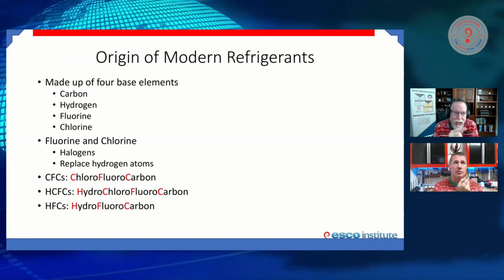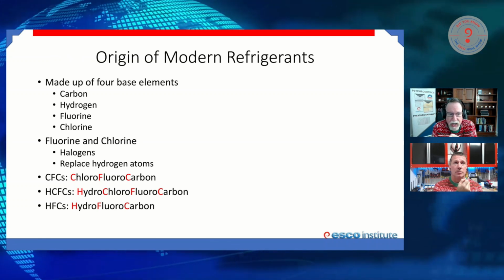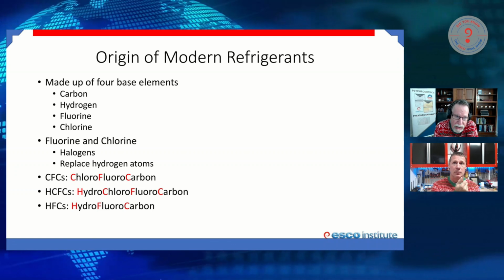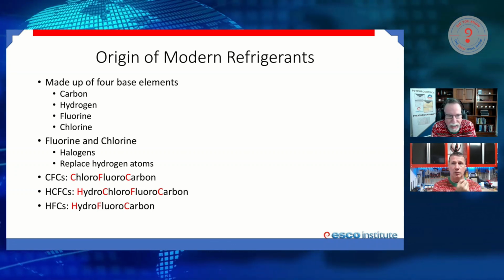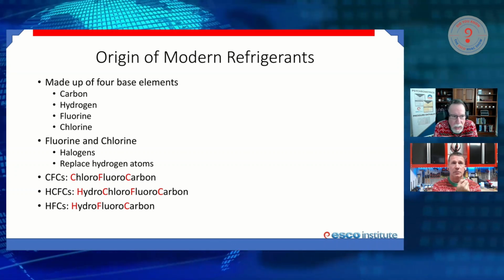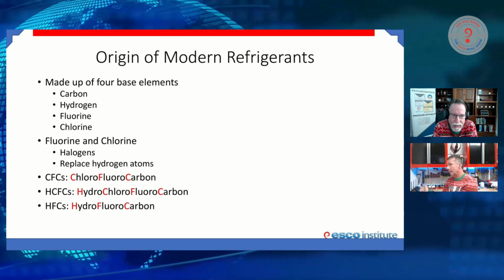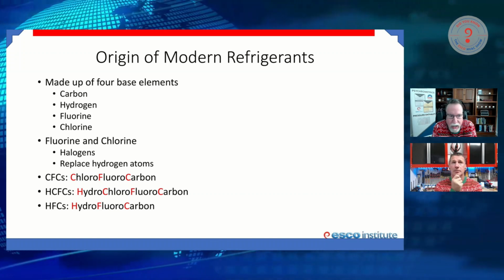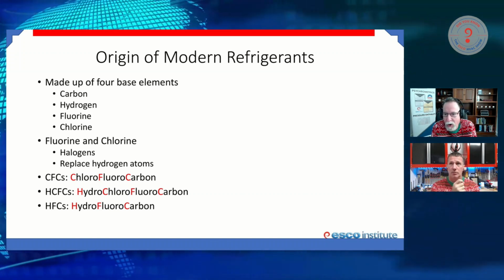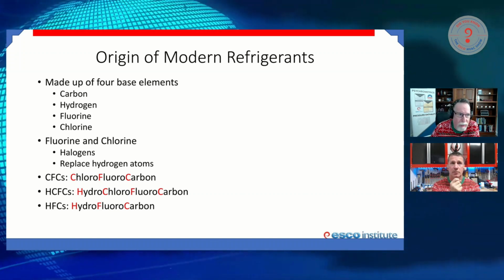So if we think about CFCs, our chlorofluorocarbons, they contain chlorine, fluorine, and carbon. Our HCFCs contain hydrogen, chlorine, fluorine, and carbon. And our HFCs, our hydrofluorocarbons, contain hydrogen, fluorine, and carbon.